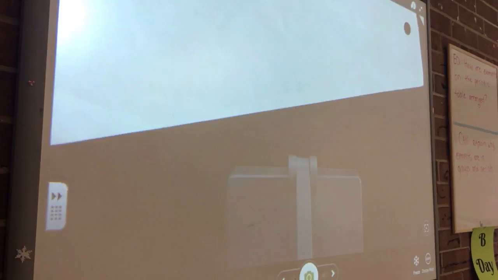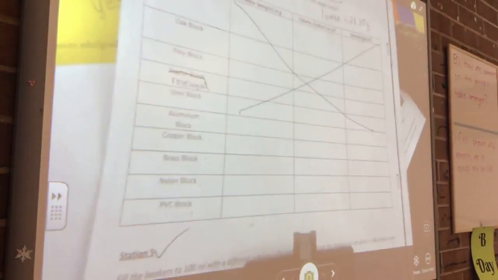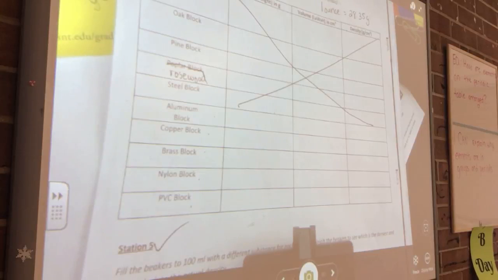Station 4. I want you to mark out everything from acrylic block to steel block. We're only doing half. Remember, you're only pulling out one block at a time to weigh it and to measure it with the ruler.